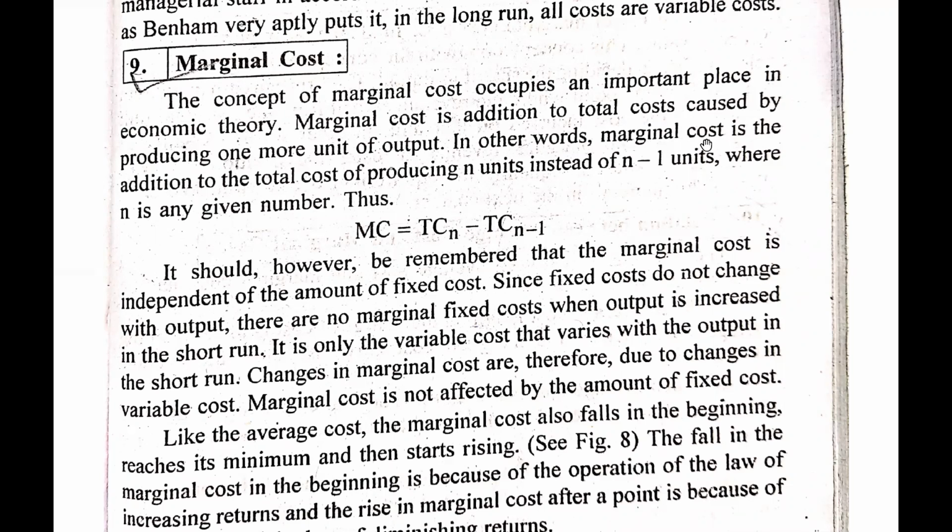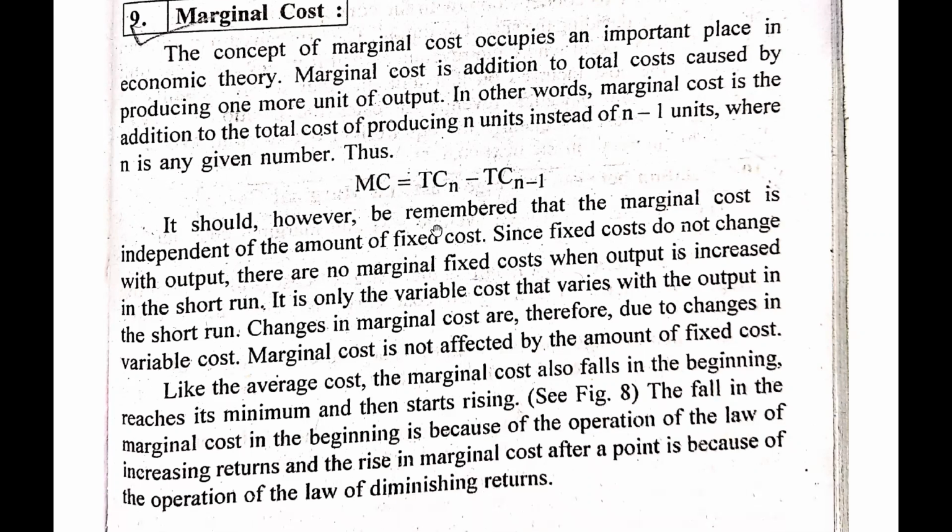In other words, marginal cost is the addition to the total cost of producing n units instead of n minus 1 units, where n is any number. Thus, marginal cost is equal to total cost of n units minus total cost of n minus 1 units.